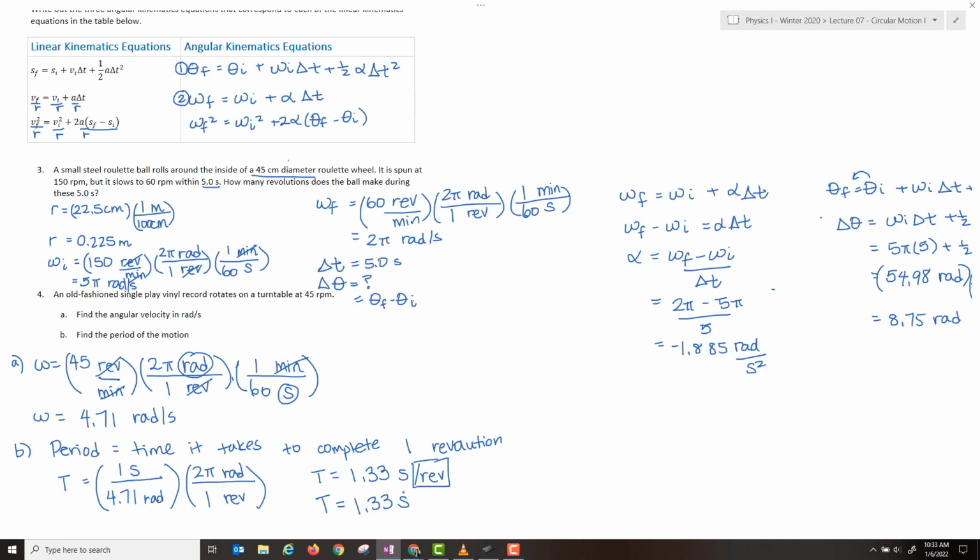Okay, so if the question was like, how long does it take you to get to your house, you would say it takes me 5 hours. You wouldn't have to say it would take me 5 hours per trip. That's really the same idea. So period by definition is how much time in seconds it takes to complete 1 revolution. And so the answer is just 1.33 seconds.